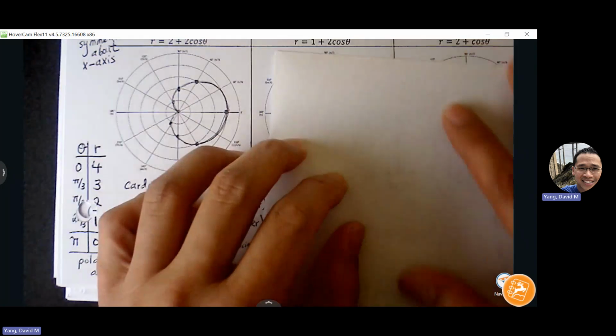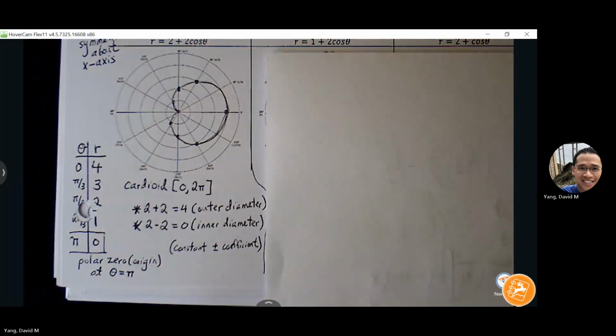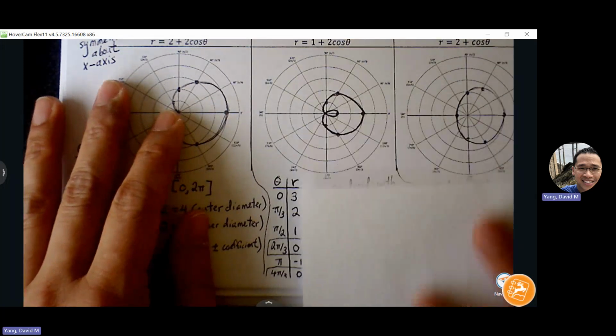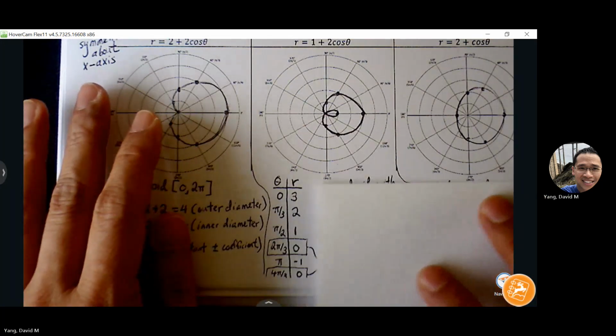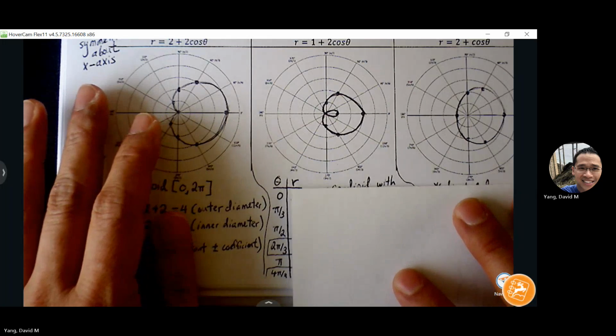Okay, let's try this next one. 1 plus 2 cosine theta. You can start with your calculator if you want.